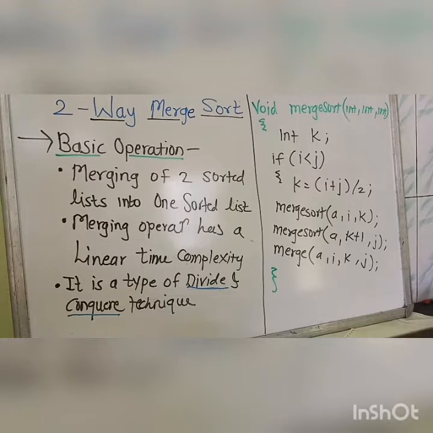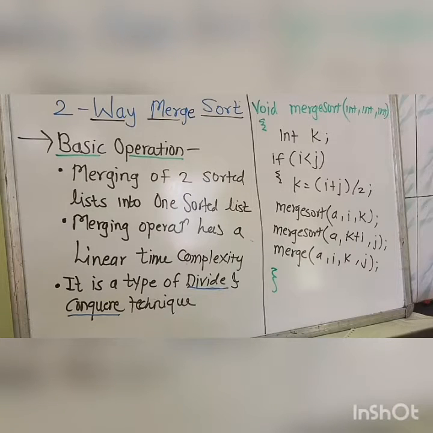This is the whole idea behind the merge sort. As we named it as a type of divide and conquer technique, it gives us the facility to minimize our number of comparisons and number of operations for sorting any array.